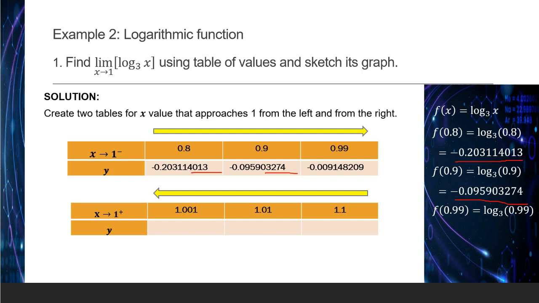So we have f of 0.99 is equal to logarithm of 0.99 to the base 3. And this is equal to negative 0.009148029. Okay, so we have now the values of y as x approaches 1 from the left.